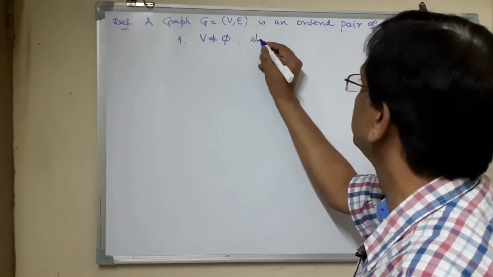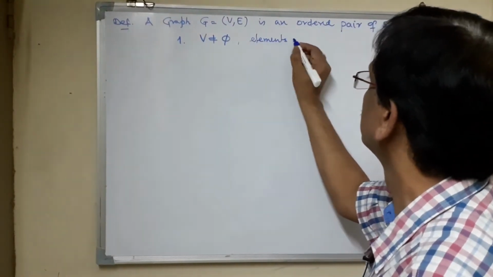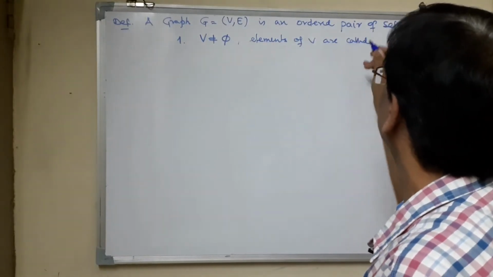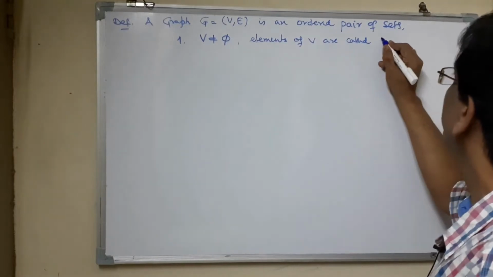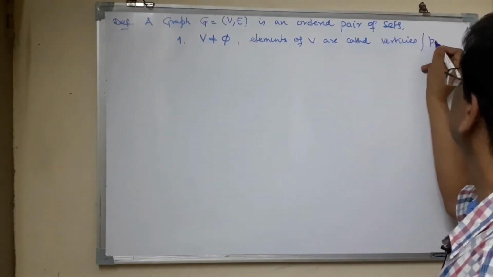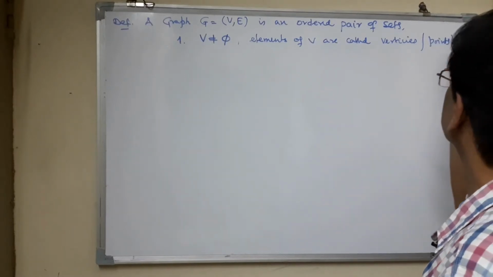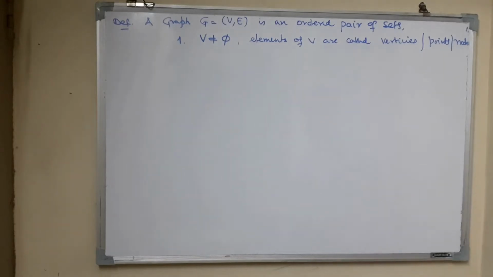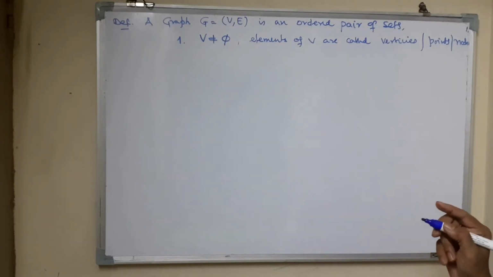The elements of V are called vertices or points or nodes. There are synonyms for this. The members of V are called vertices.